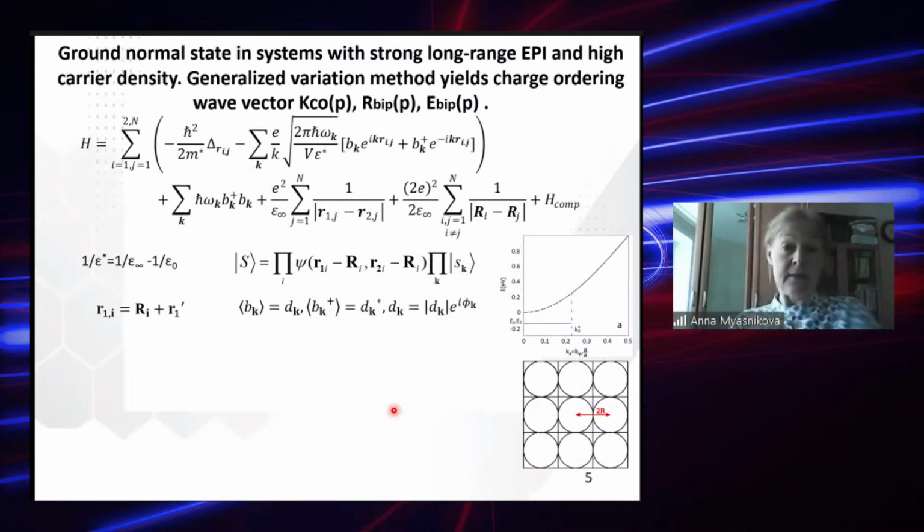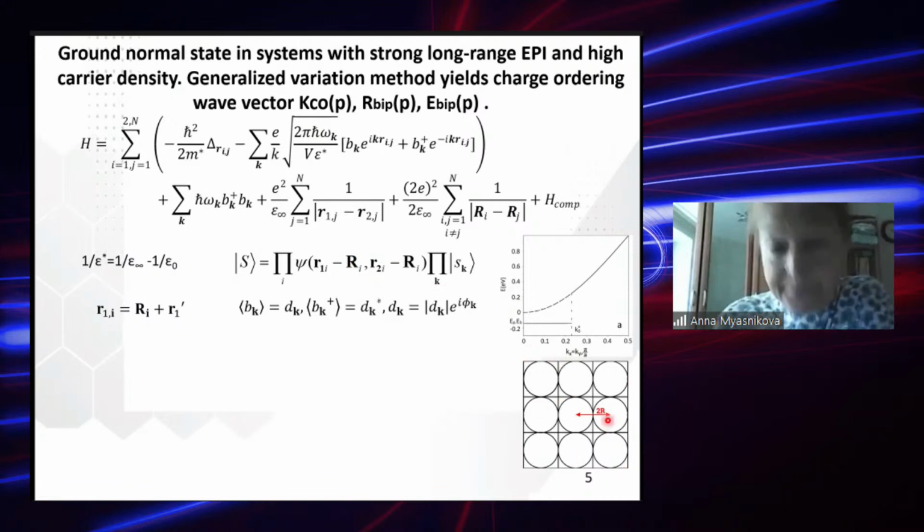To consider the ground normal state in systems with strong long-range electron-phonon interaction and high carrier density, we use the simple, well-known Fröhlich Hamiltonian and generalized variation method. In such a case, the capital R denotes the position of the bipolaron centers, like shown here.